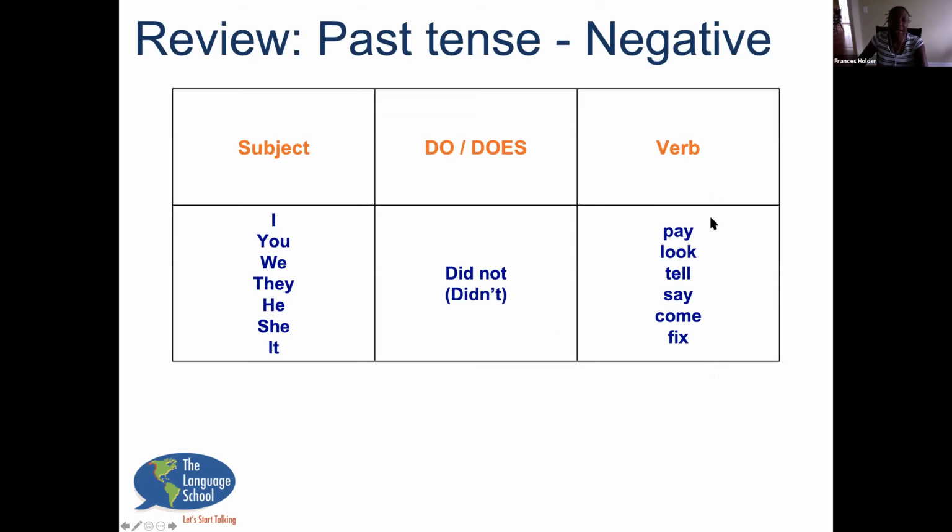Do not change this main verb, please. This is just like in the question form. In the question form, the main verb does not change. In the negative form, the main verb does not change. All you're doing is adding a not to the did.